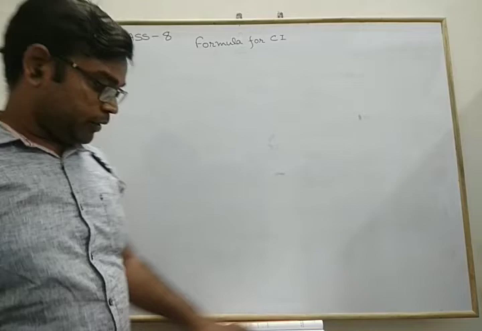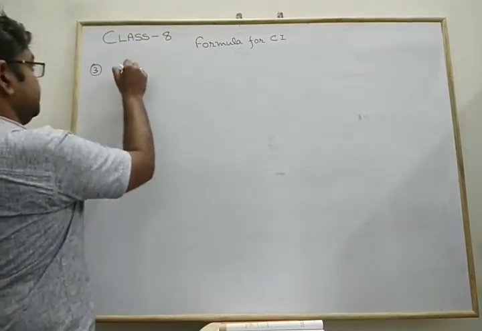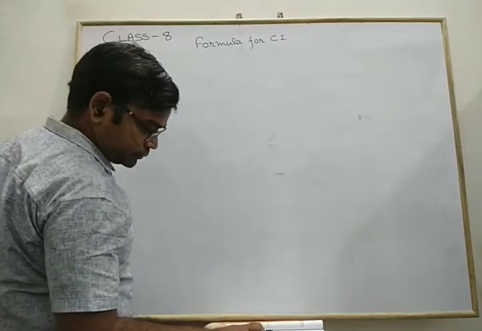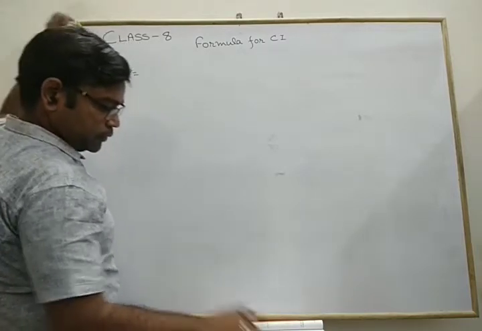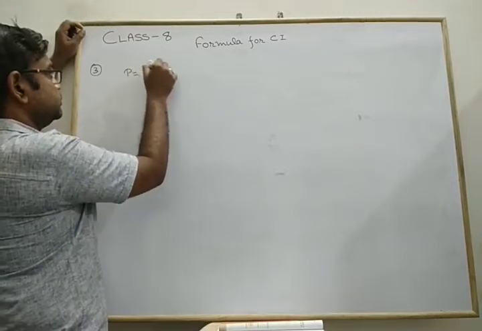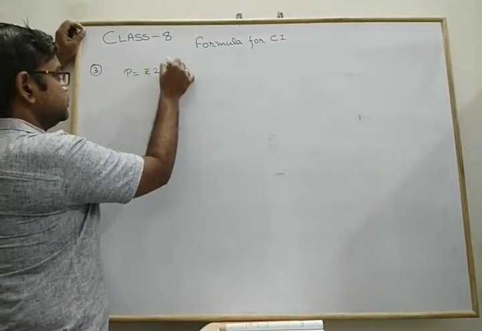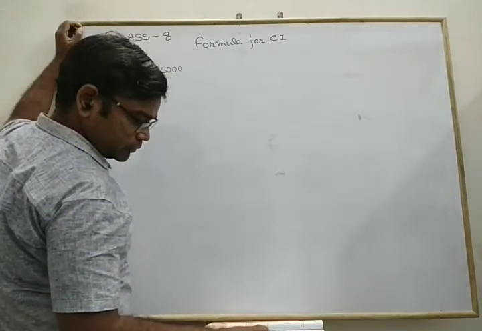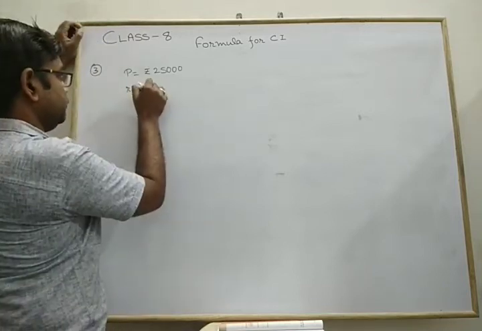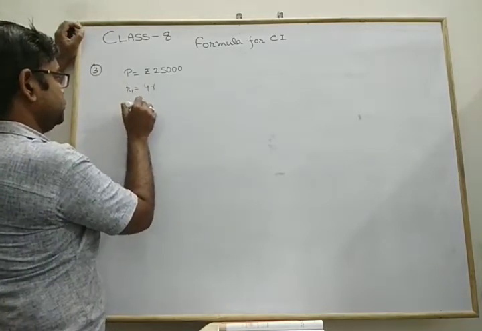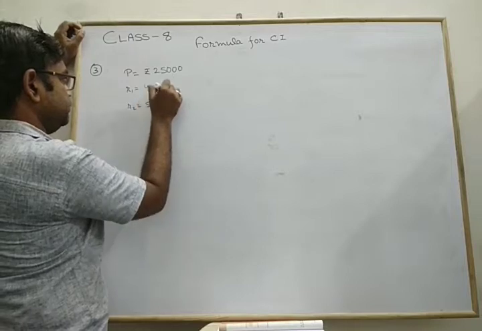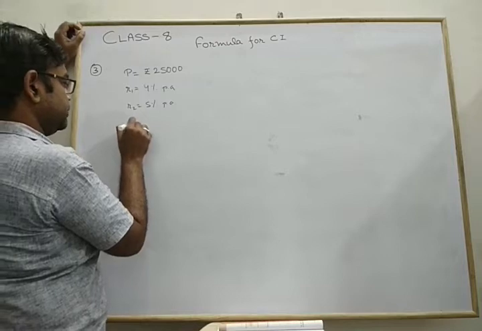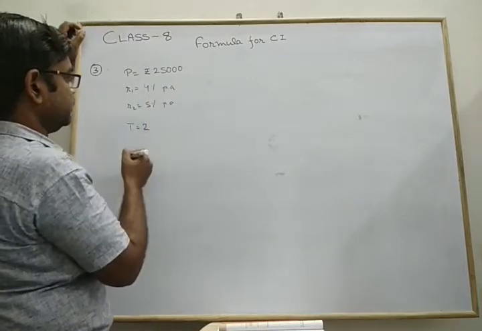That's the successive formula. So as we know, the principal is given to me, it's rupees 25,000. r1 is 4% and r2 is 5% per annum, and time is given, it's 2 years.